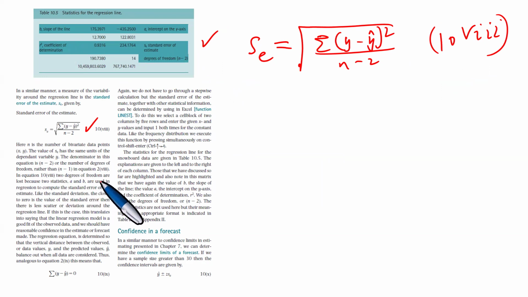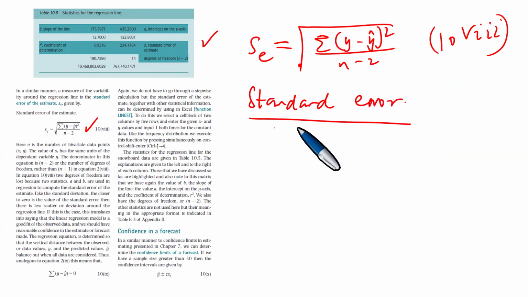We shall discuss this idea of degrees of freedom, which should have been covered in the previous discussion. So here we are really talking about the standard error, the measure of the variability around the regression line, which is the standard error of the estimate.